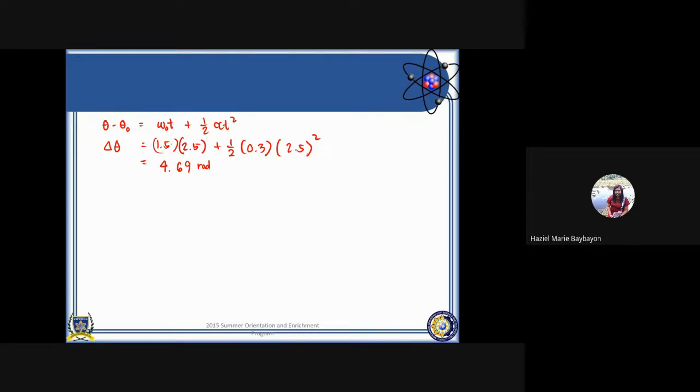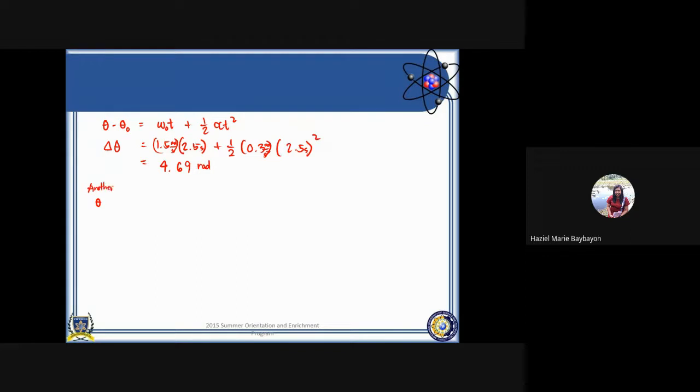The unit is radians, class, because this is radians per second, multiplied by seconds, so the seconds cancel out and radians is left. This one is radians per second squared, multiplied by seconds squared, so the seconds squared cancel out and radians is left. Okay, so you will get 4.69 radians.